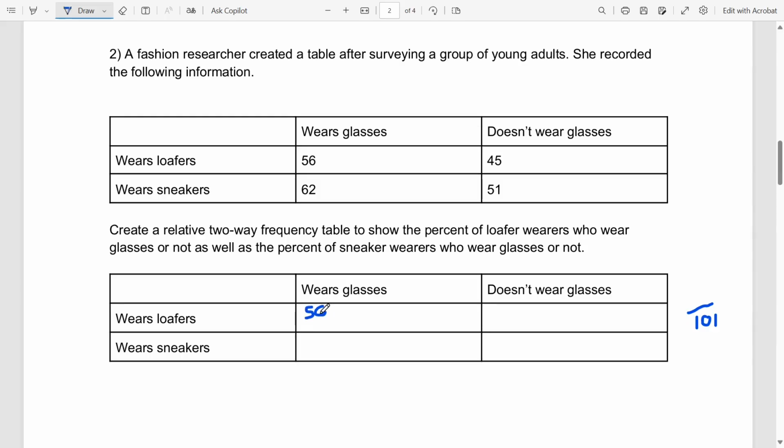For this first cell here, we're going to have 56 out of 101. We got to take that fraction and multiply by 100. All right, so 56 divided by 101 and times 100. That's going to give us 55.4, so I'm going to say 55%. We'll round to the nearest percent.